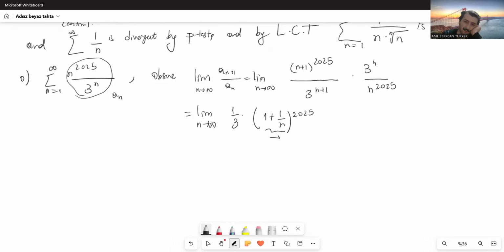So this will be 1, because 1/n will be 0 when n goes to infinity, and 1 to the power 2025 is again 1. So this limit is 1 over 3. So it is strictly less than 1, and by the ratio test, the series is convergent.